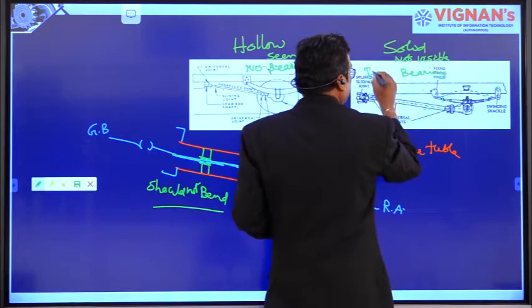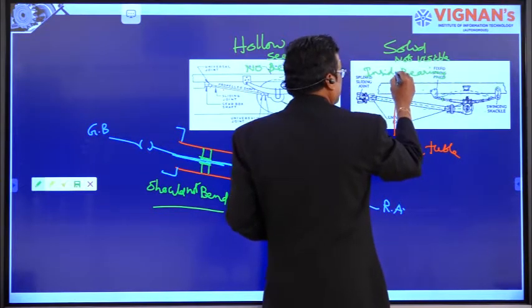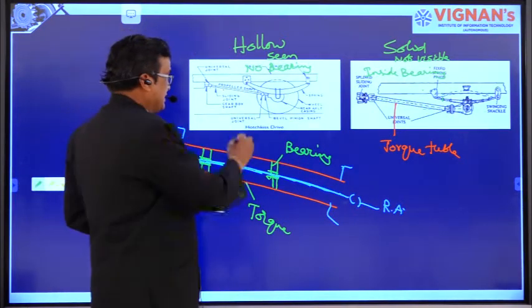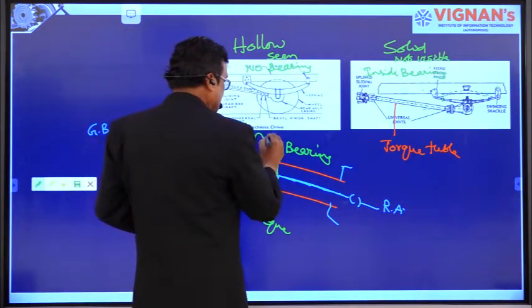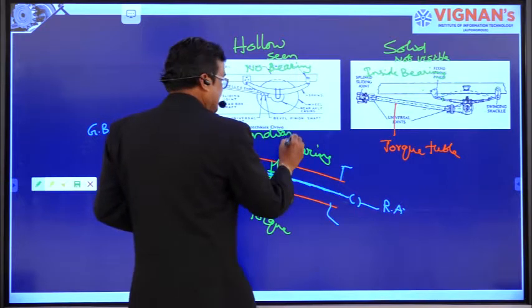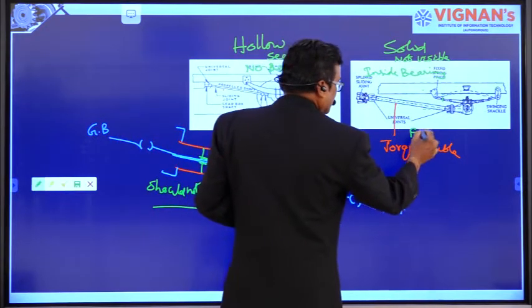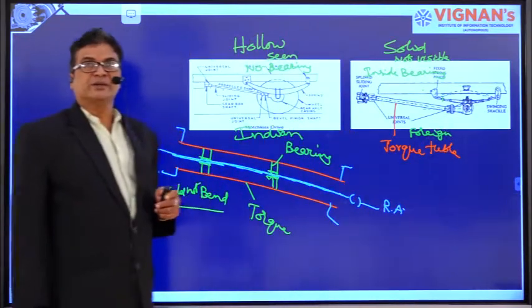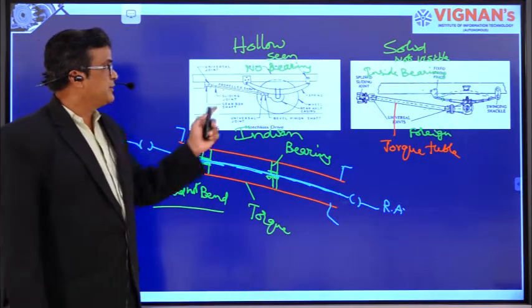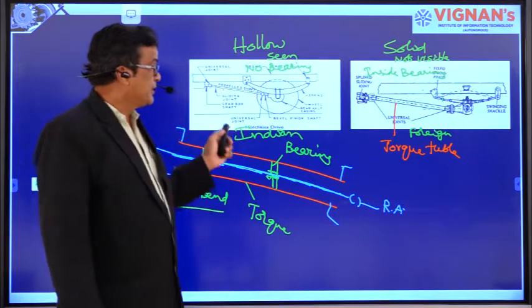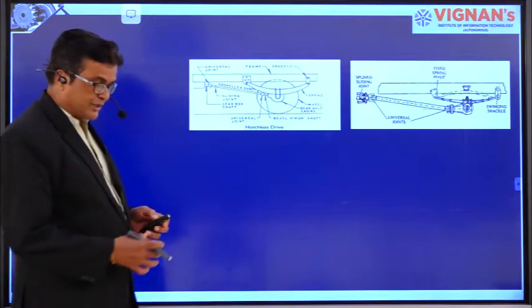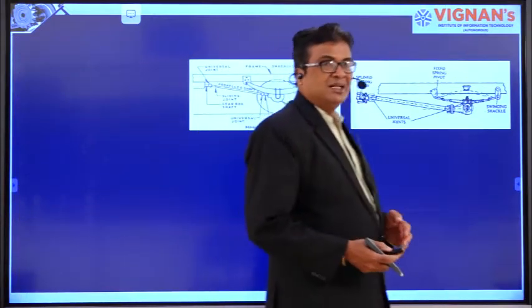Inside bearings you can write. These are the differences between these two propeller shafts. The Hotchkiss drive is adapted for Indian vehicles, and the torque tube drive is adapted for foreign vehicles. These are the differences between the Hotchkiss drive and the torque tube drive. So that is the rear axle drives.